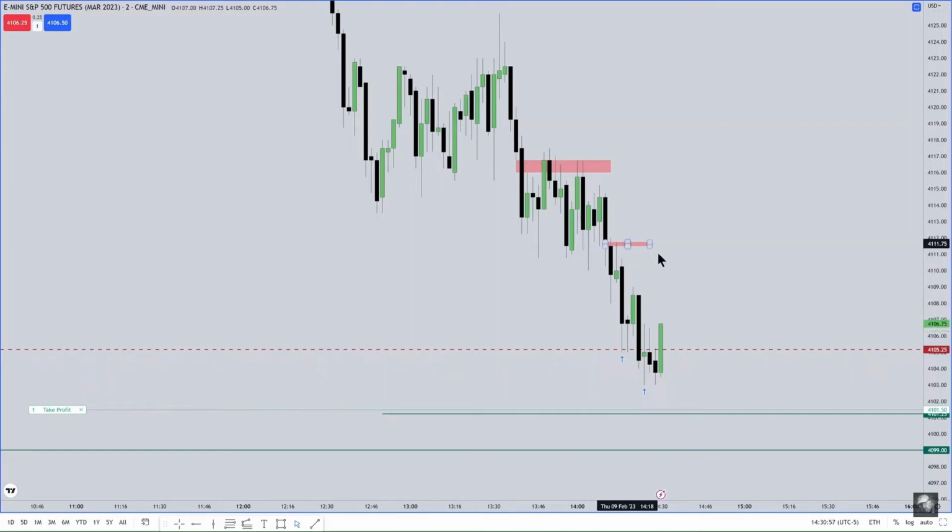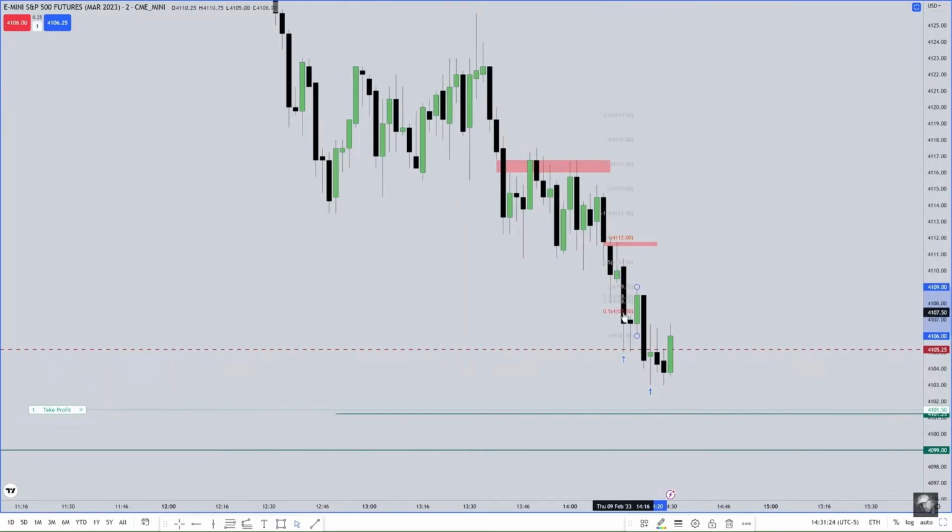Now see what we're doing here? We're trading up into this area, which is what I said I didn't want to see it do. Because it's doing this and trading up into here, my eye is right here at the mean threshold of that candle, this up close candle, 4107.50.